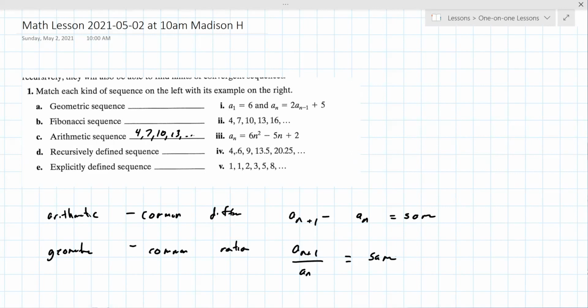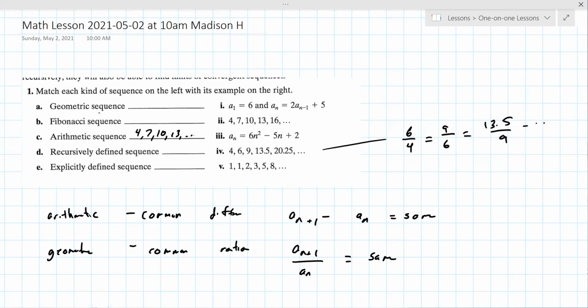This one right here, maybe it's not super obvious, but 6 divided by 4, is that the same as 9 divided by 6? Yes, 3 halves. So you check a few of these and make sure that they're the same. Okay, so that's a geometric sequence.